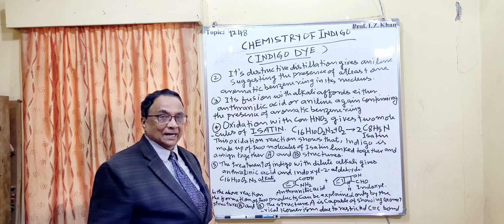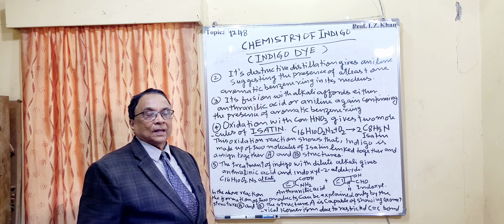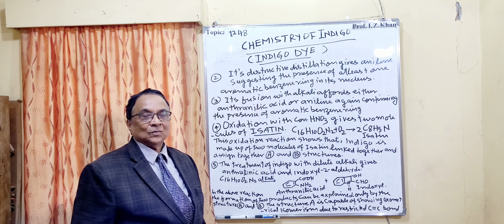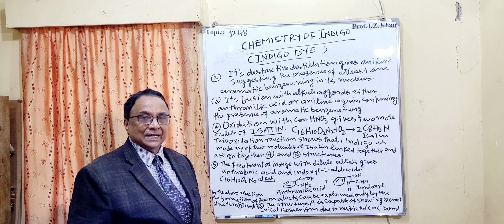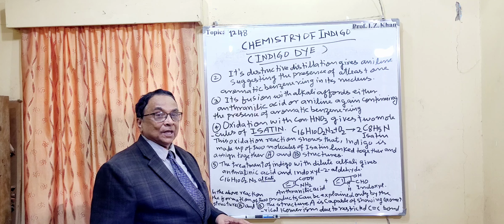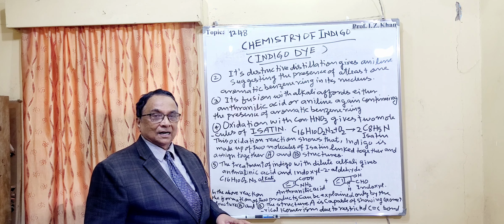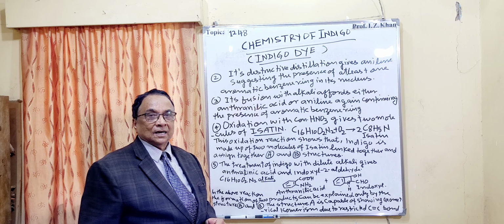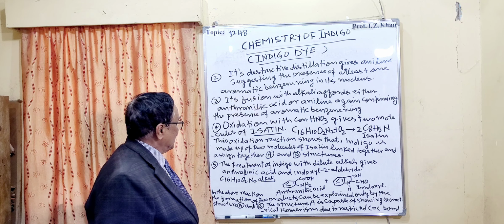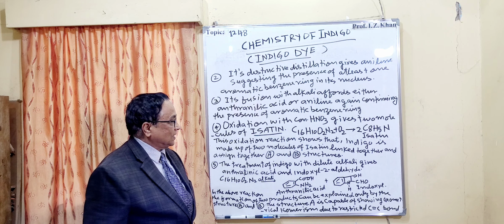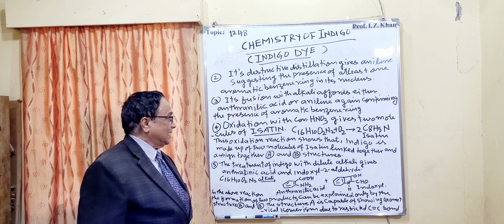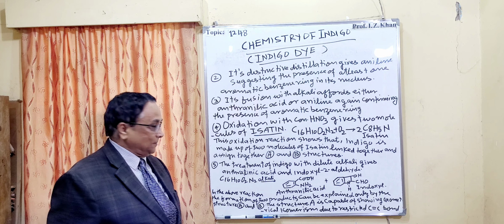This reaction clearly shows that indigo dye is made up of two molecules of isatin, A and B, and the structures of A and B are given. Now we have to prove which structure is correct on the basis of its geometry. So this oxidation reaction shows indigo is made up of two molecules of isatin linked together, assigned as A and B structures.